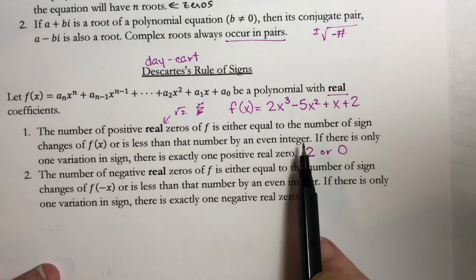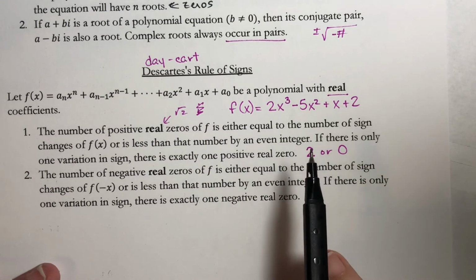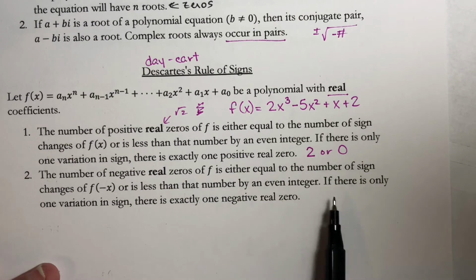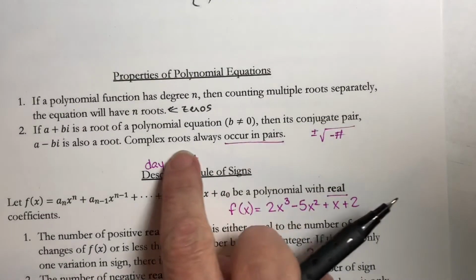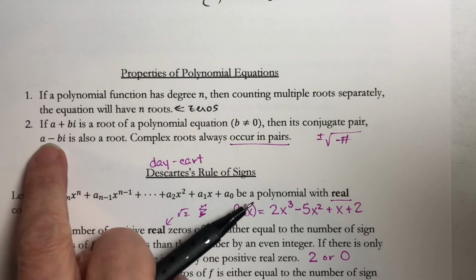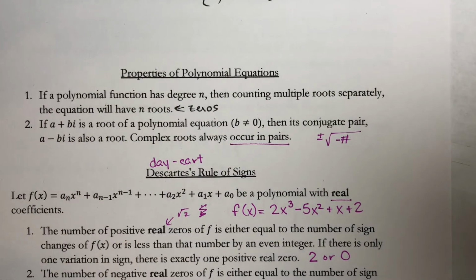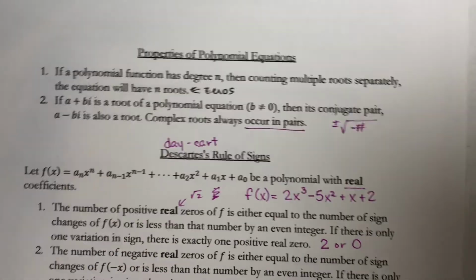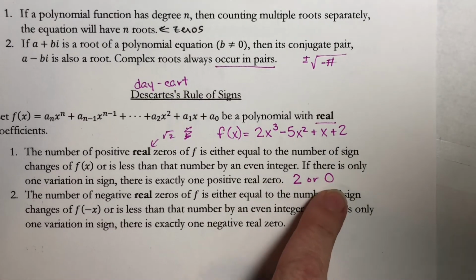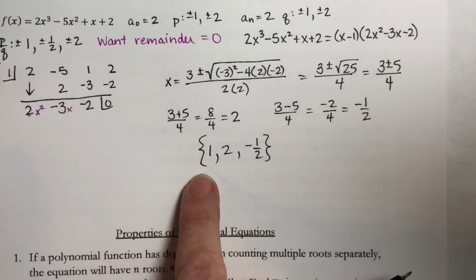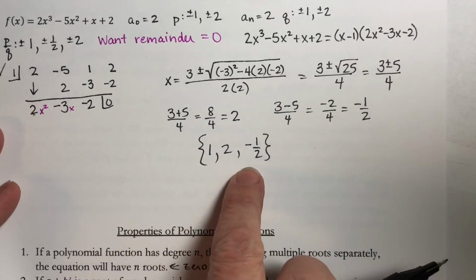If I had 4 sign changes, it would be 4 or 2 or 0. Basically, what we're doing is subtracting off the possibility that we have a pair of complex answers. That's why we're reducing it by 2 every time. So for the problem we worked, we either have 2 or 0 positive answers, and if you look at our answers here, we had 2 positive answers.